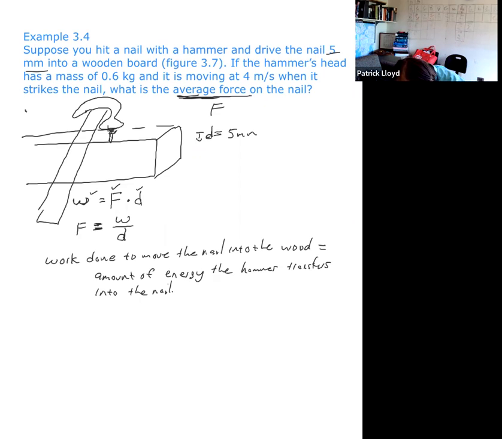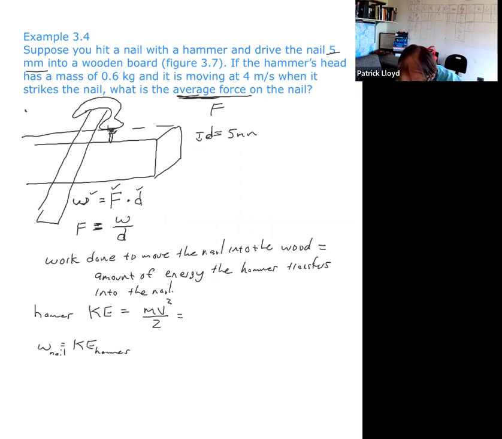For the hammer, the kinetic energy is equal to its mass times its speed squared over 2. So the work done on the nail is equal to the kinetic energy of the hammer. All right, so let's figure out what the kinetic energy is.